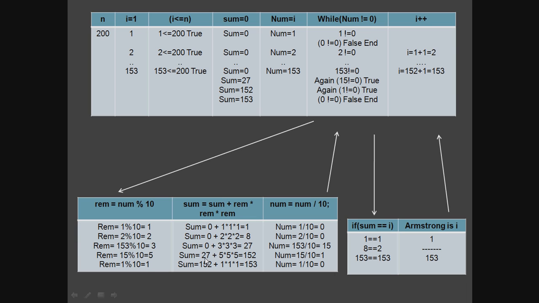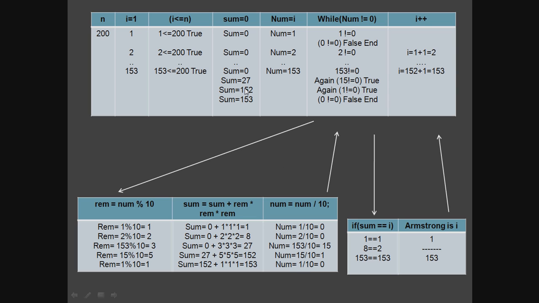Here sum equals 27, because the previous value of sum was 27. It has not come out of the while loop, so sum retains that previous value. So 27 plus 5 into 5 into 5, you get 152. Then you divide it, and you get remainder 1. Again that 1 will be tested with 0. Then it comes here, remainder you get 1, sum equals 153, and num you get 0.